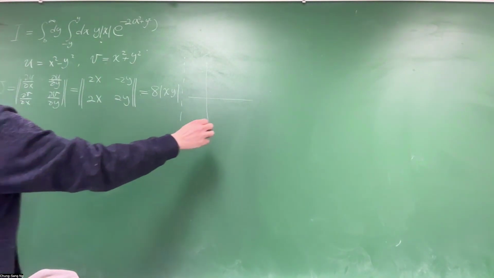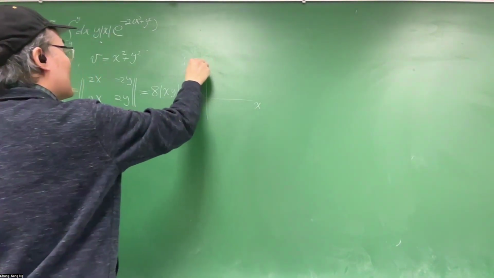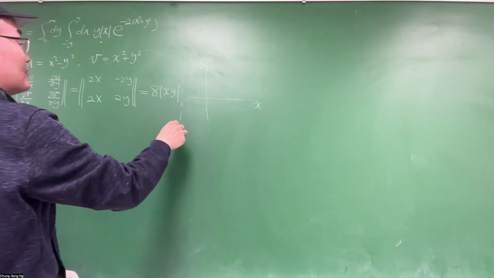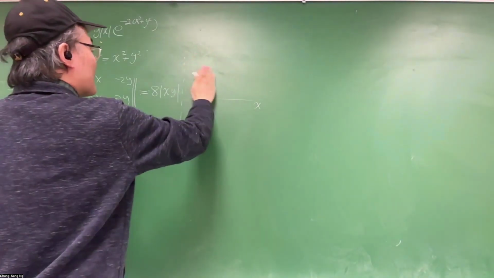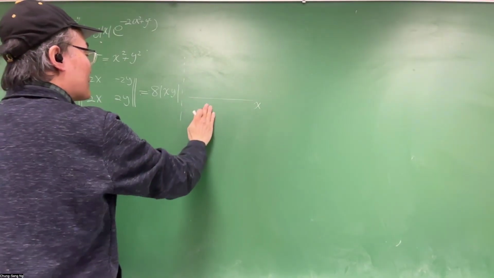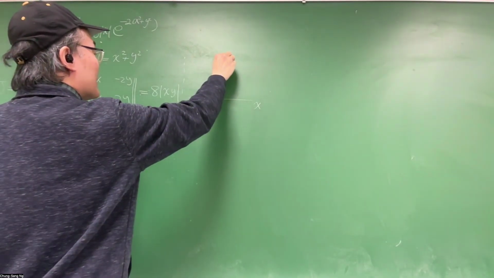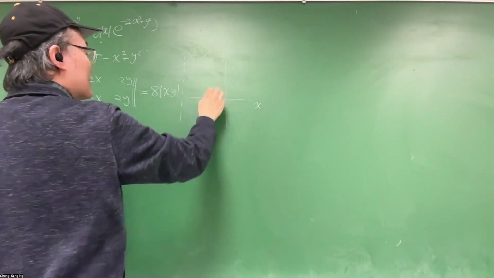area. Originally in x and y, you integrate y from 0 to infinity. So obviously not x, it's the other way around. Y, right?